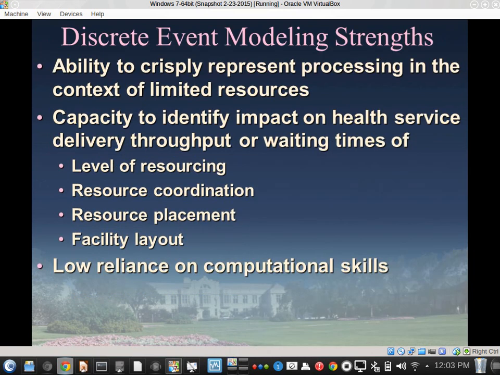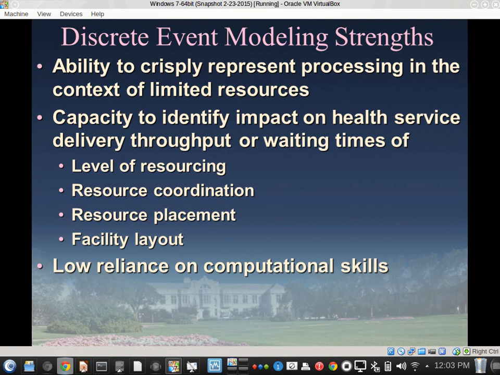So, this does allow you to represent defined processing and very defined pathways in the context of limited resources. You can use it to identify impact on health service delivery or waiting time, the throughput of or waiting times associated with processes for certain levels of resources, for placement of resources.